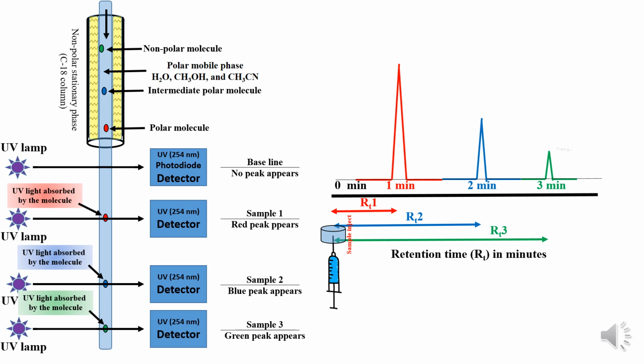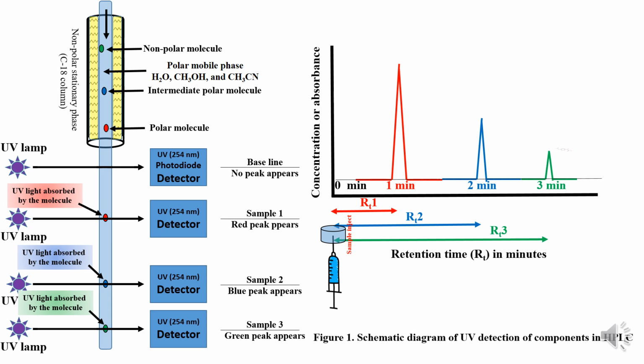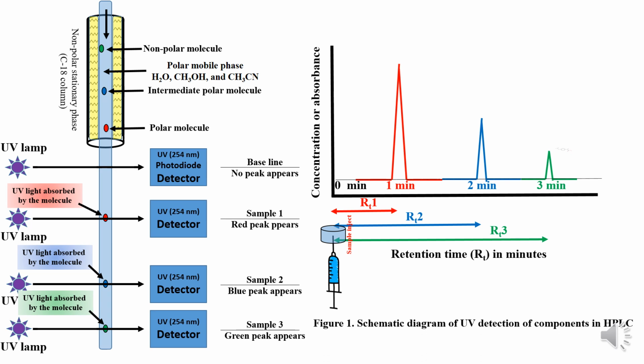So retention time is the difference in time between the point of injection and the appearance of peak maxima for the respective molecule. And the parameter that is considered on the y-axis is the concentration or absorbance of that respective component in the sample mixture.